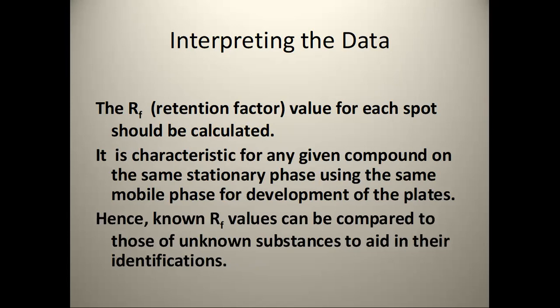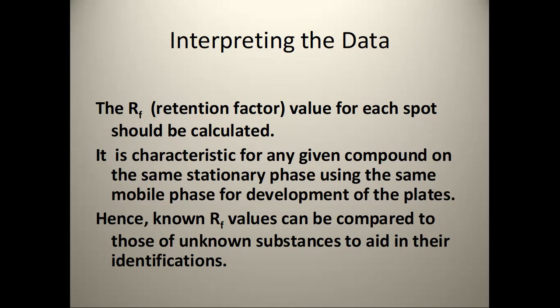Hence, known RF values can be compared to those of unknown substances to aid in their identification, meaning because of their unique properties in the solvent that we can identify what components we have. So kung may previous data na yung sa isopropyl alcohol, yung RF values niya is 0.75, tapos may nahanap kang mixture, tapos may nahanap kang compound na ganun din na value, baka same yung substance.